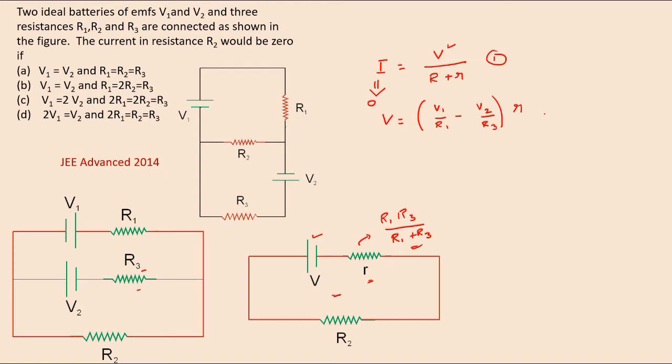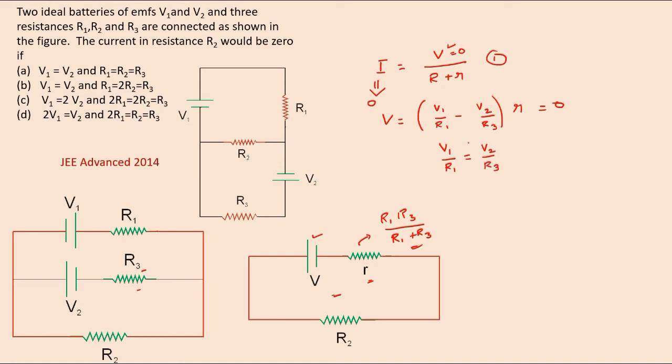So if current is to be 0, this has to be 0, so we can also say V has to be 0. That means V1 by R1 is equal to V2 by R3.